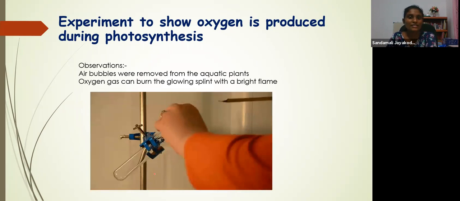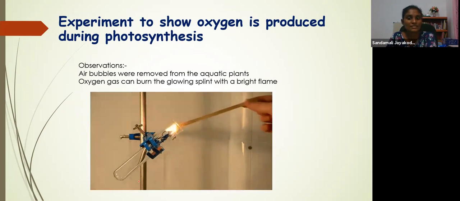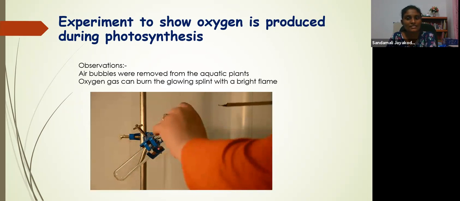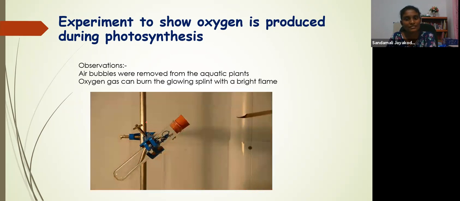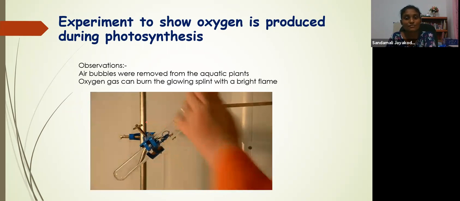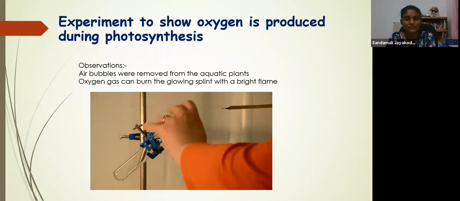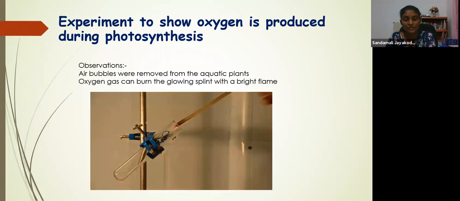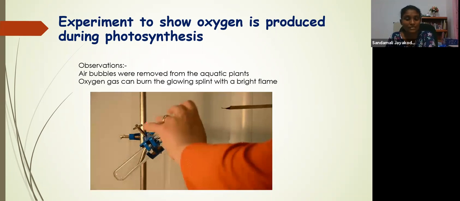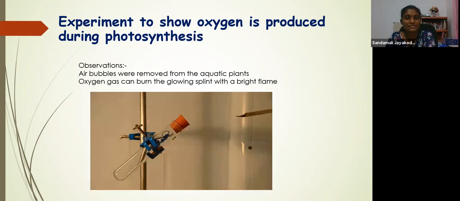Once we enter it, we can see this kind of observation. Initially, it's a glowing splint without a flame, but then we can see a nice bright flame forming due to the presence of oxygen gas, because oxygen is a burning friendly gas.